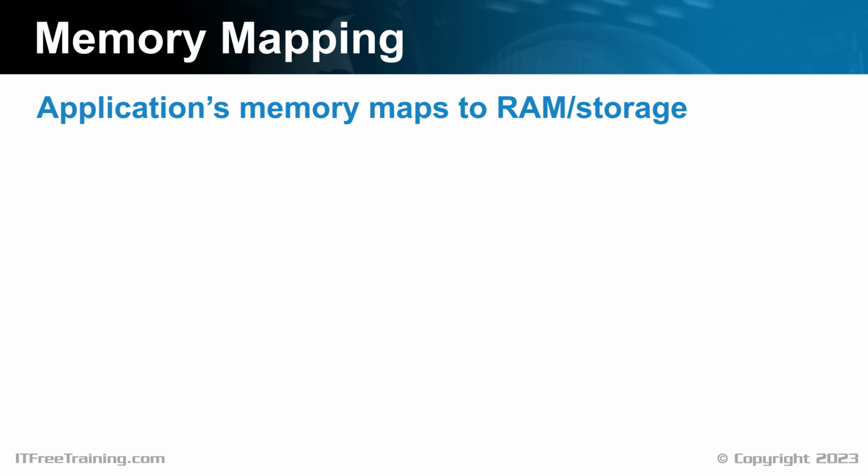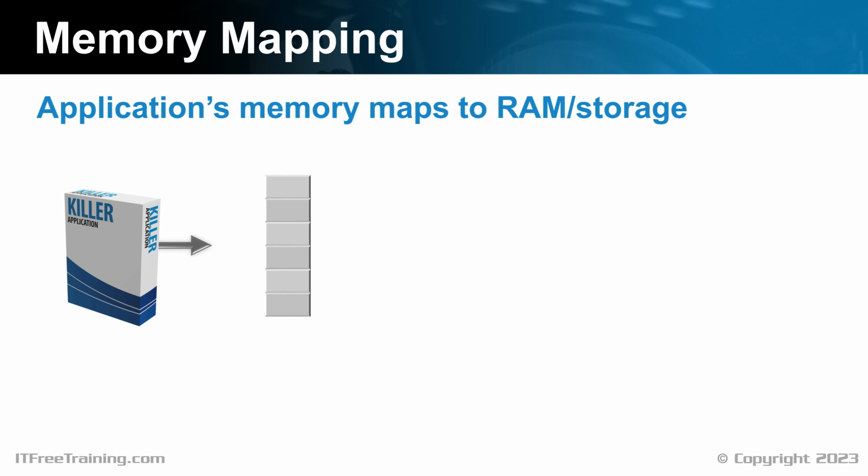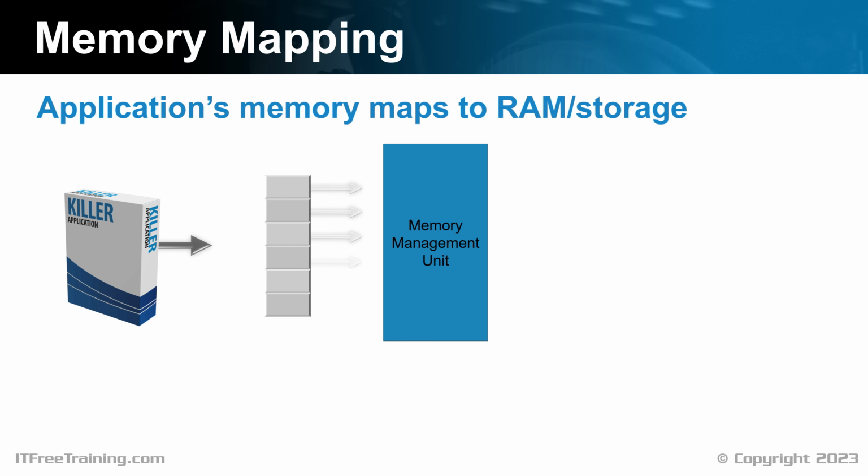To understand how this works, consider our application has requested some memory. The application sees this memory as a contiguous block of data, that is, no breaks, spaces, or gaps. The memory maps to the memory management unit inside the CPU. Each block of memory is referred to as a page. The CPU will determine what page size it supports. Generally, a 4K page size is very common.